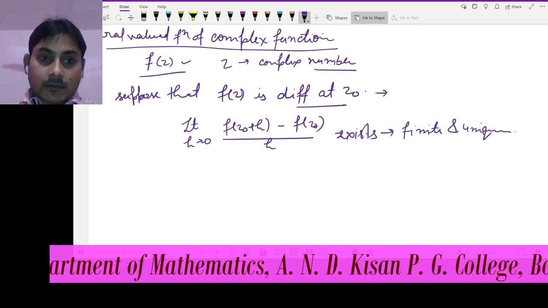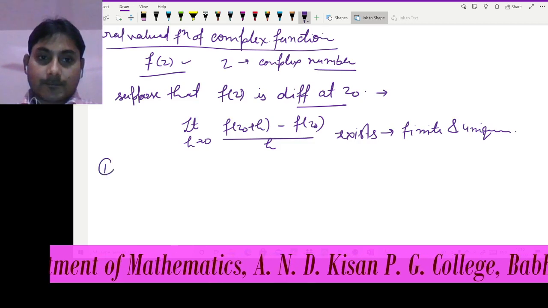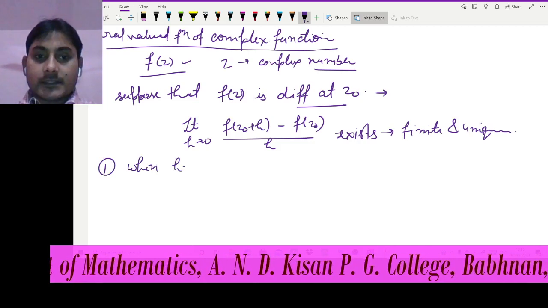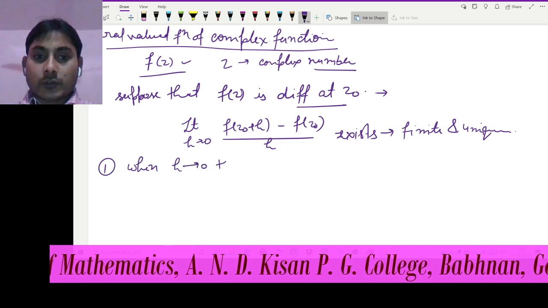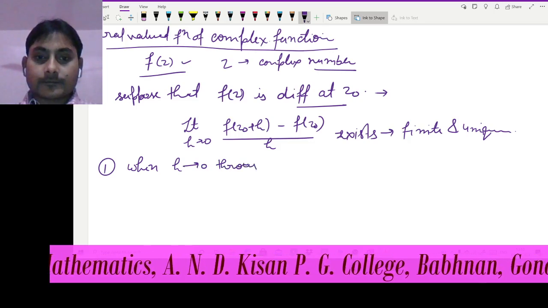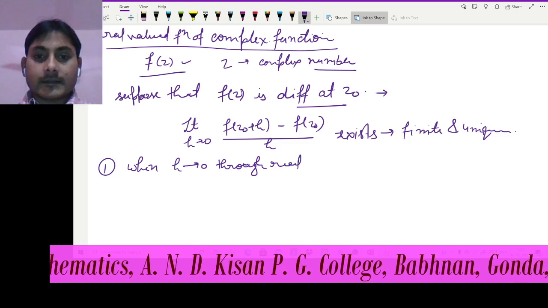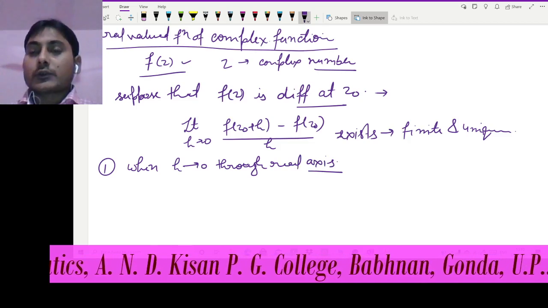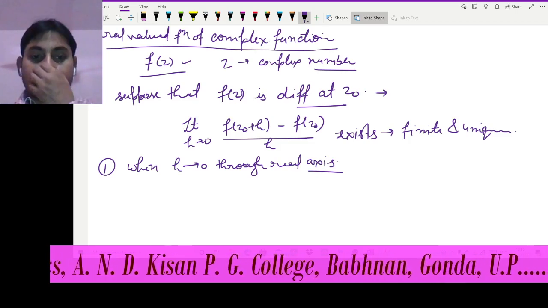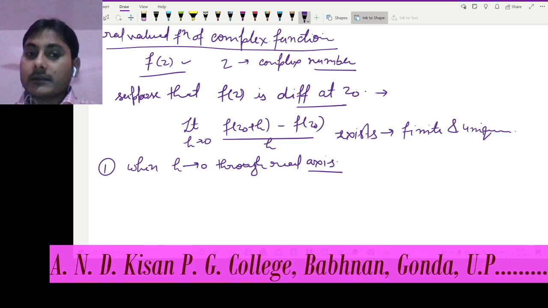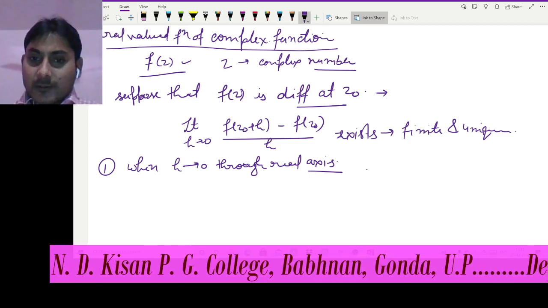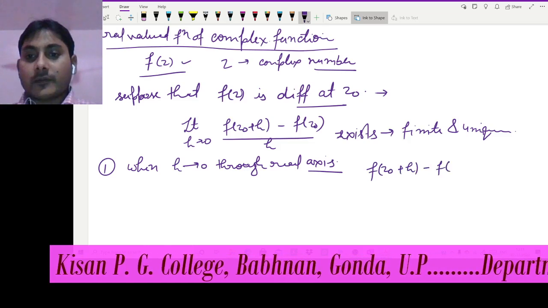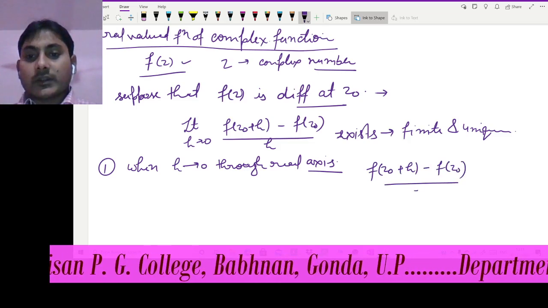Now I'm taking the cases. Case first. When h is approaching to 0 through the real axis, think over this fraction f of z0 plus h minus f of z0 upon h. What can you say about this?